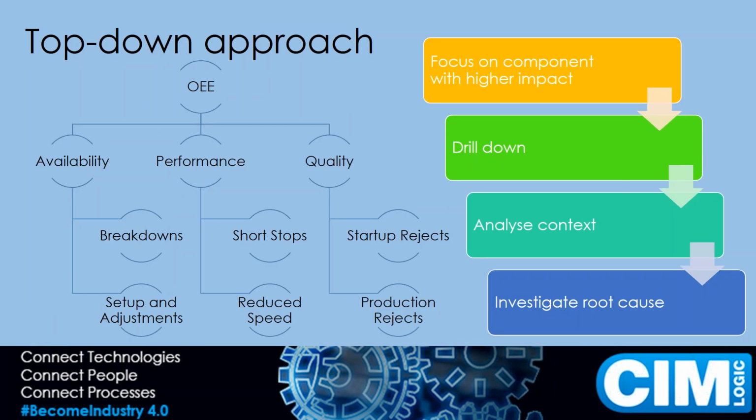And for the analysis, we might have different approaches. We might, for instance, analyze a specific case, a specific incident that we might have. Let's say we had a big breakdown and we want to understand why and in what circumstances it happened. We can go directly to that period and understand what happened.